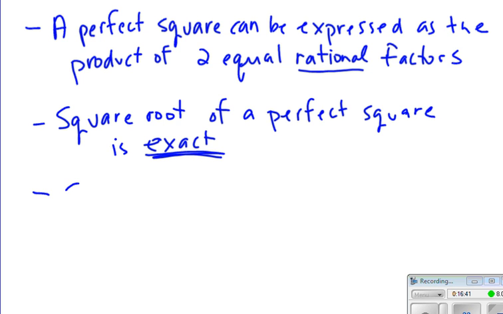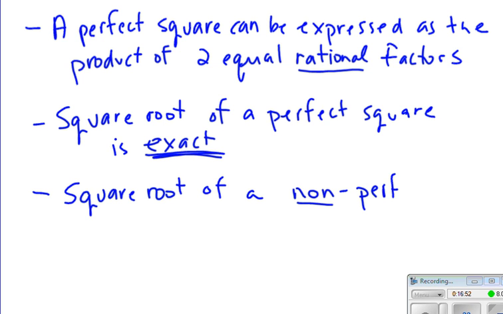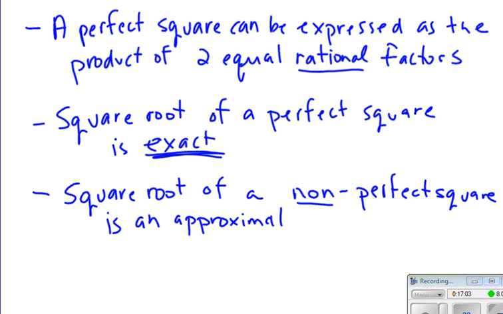So then the square root of a non-perfect square is an approximation. It is an irrational decimal. So it was like the ones when we looked in decimal form that did not end, they did not terminate, and they did not follow a predictable pattern.